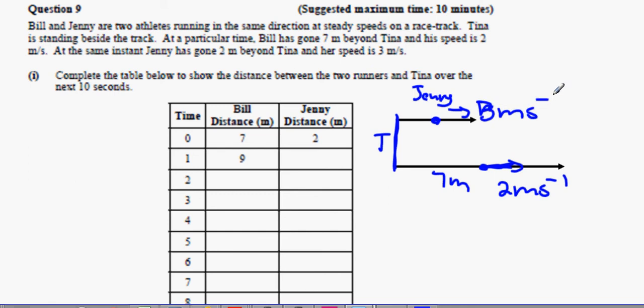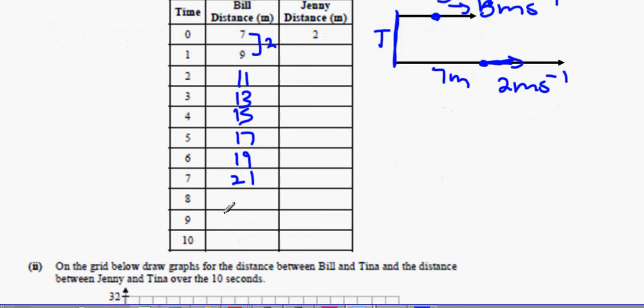Okay? So what we're going to do next is complete the table to show the distance between the two runners and Tina over the next 10 seconds. Well, we can see that every second Bill increases his distance by 2. So he's going to be 9, 11, 13, 15, 17, 19, 21, 23, 25, 27.